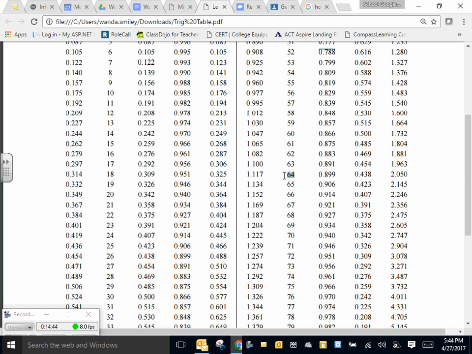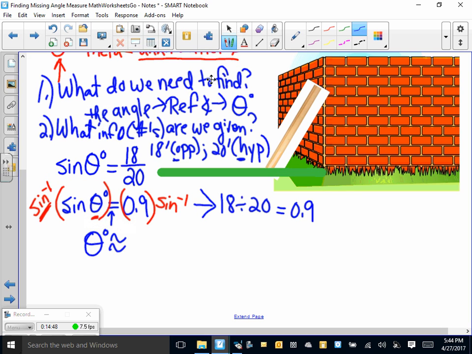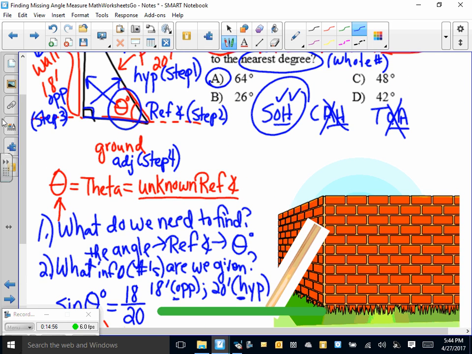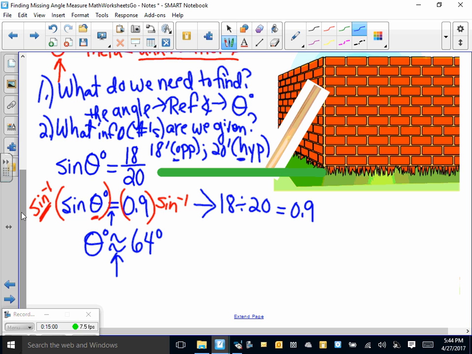So my angle measure is 64 degrees. So theta is approximately 64 degrees, which is answer choice A. Now, if you have a calculator, you can put it straight in and get this rounded answer, but you can also round it to other decimal places as well.